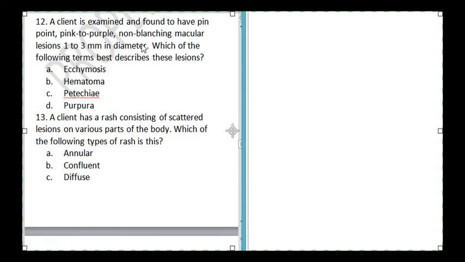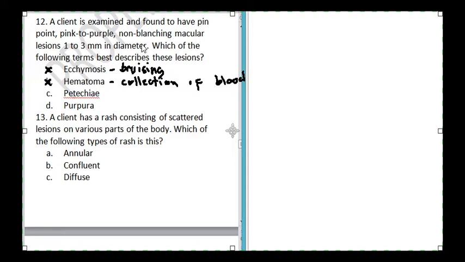We can now eliminate A and we can now eliminate B. Why? Because ecchymosis is bruising, while hematoma is a collection of blood.